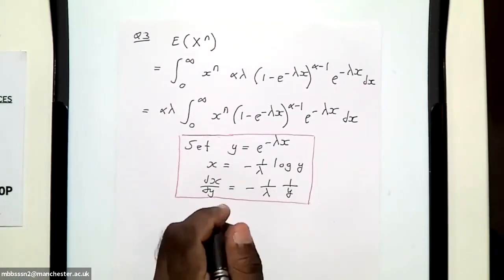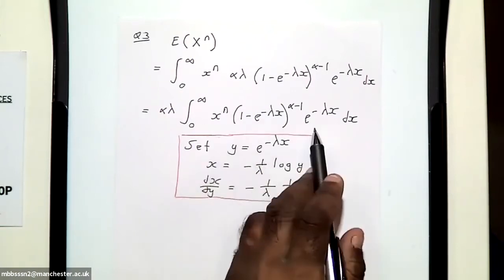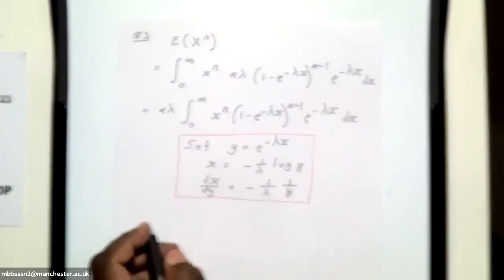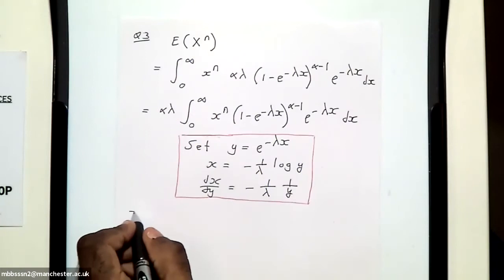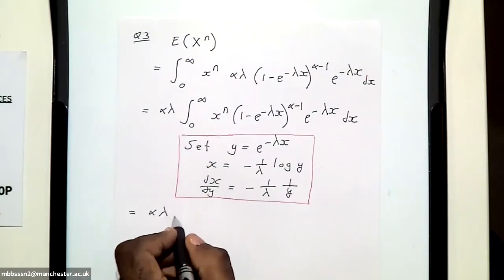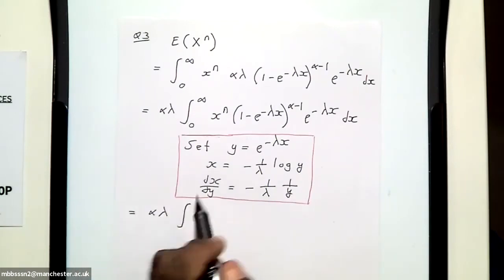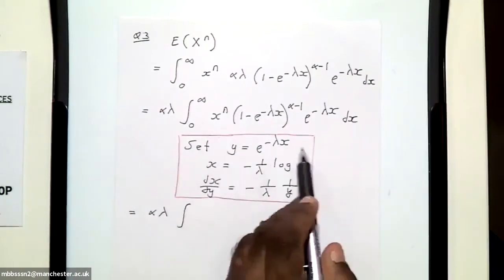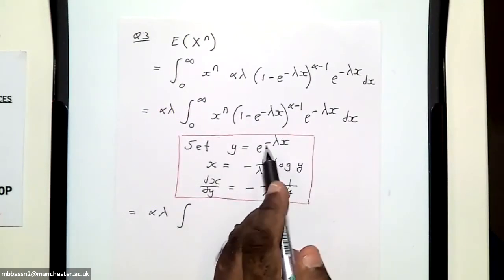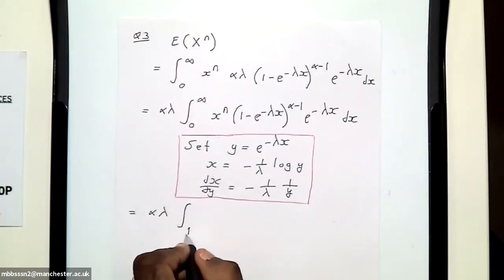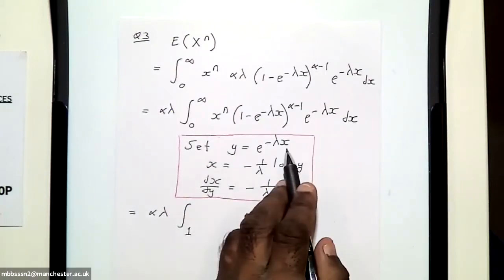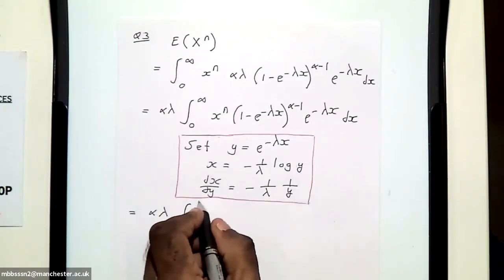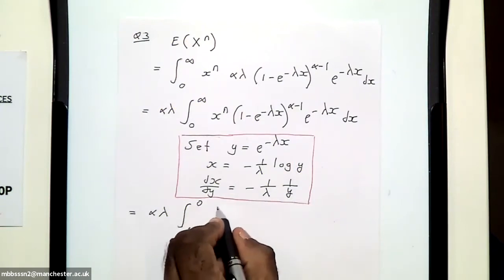Now I'm going to substitute this into this integrand. If you do that, you get alpha lambda. First of all, the limits. When x equals 0, if you put x equal to 0 into here, you get y equal to 1. And if you put x equal to infinity into this, you get y equal to 0.